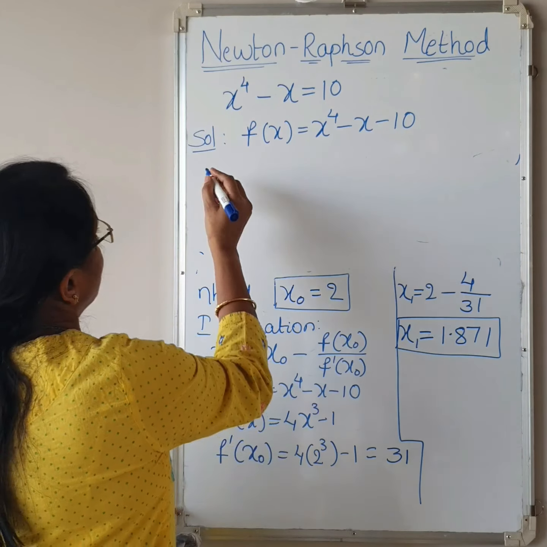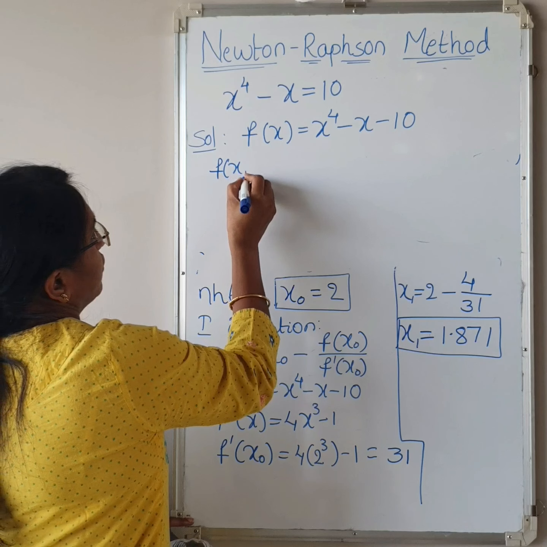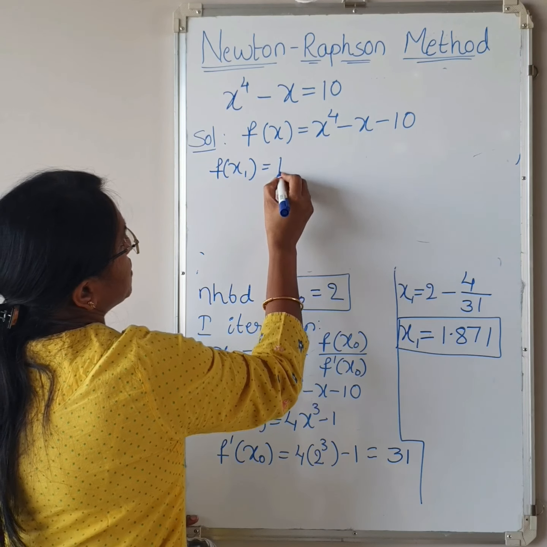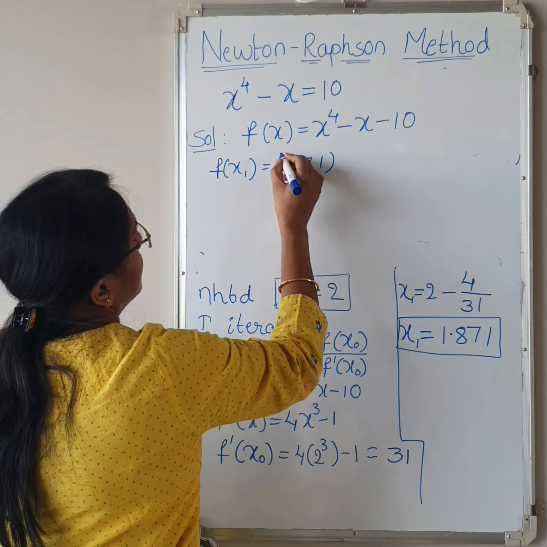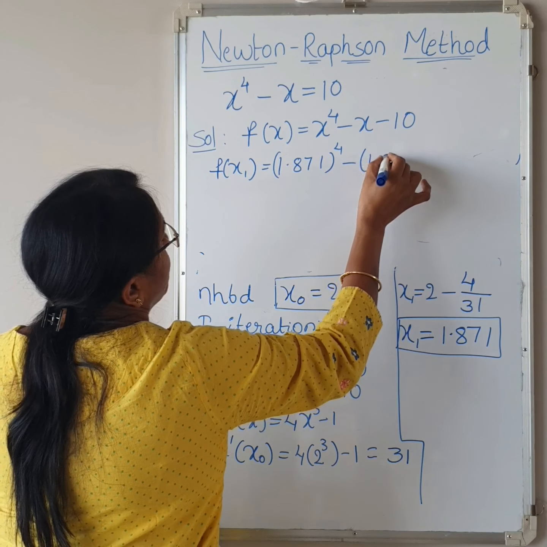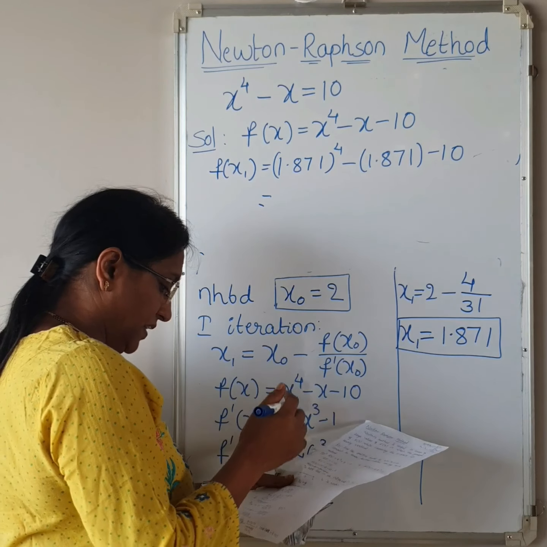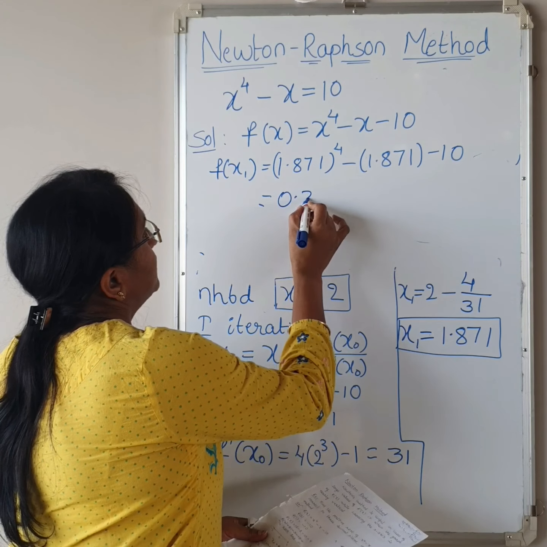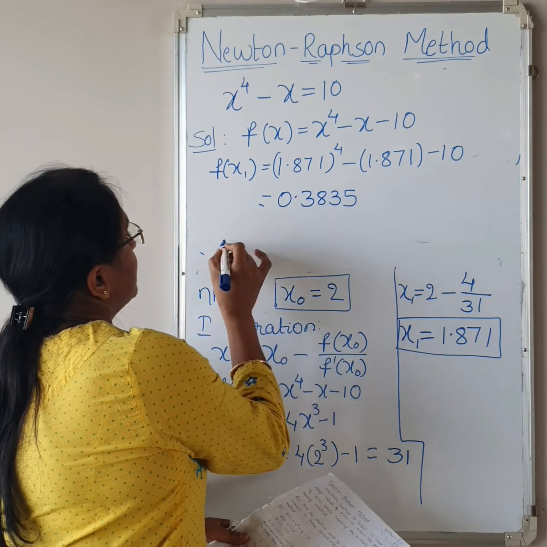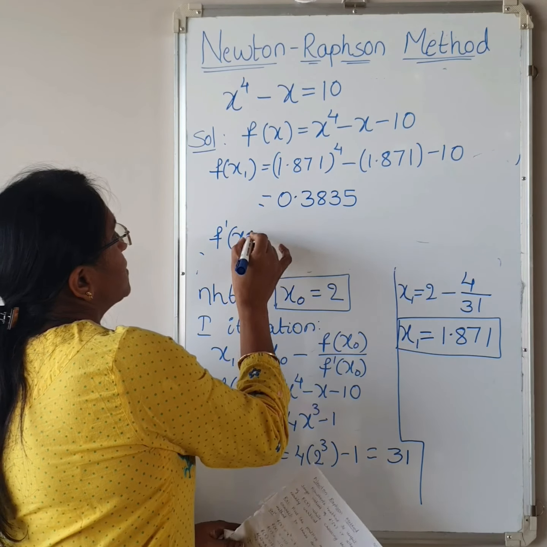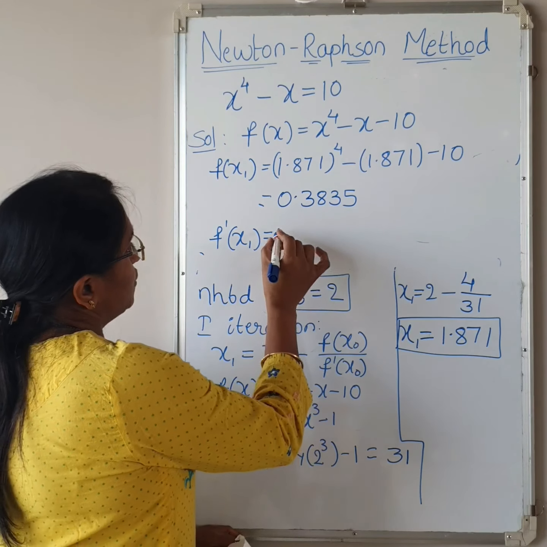Directly we can take f(x1), substituting in this equation 1.871 raised to 4 minus 1.871 minus 10. Its value is f(x1) is 0.3835.